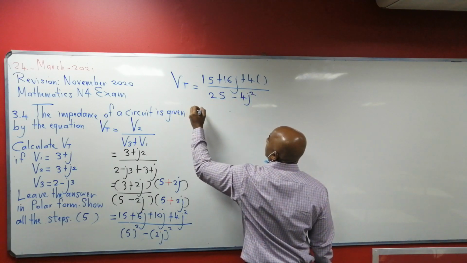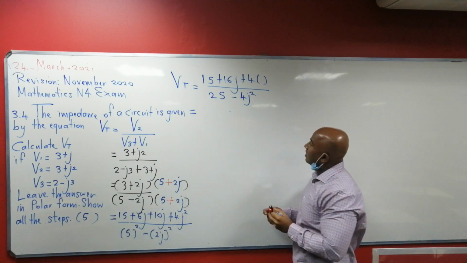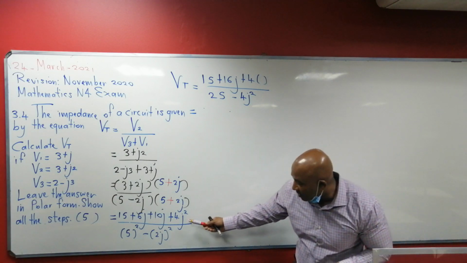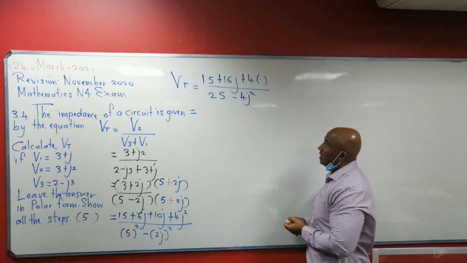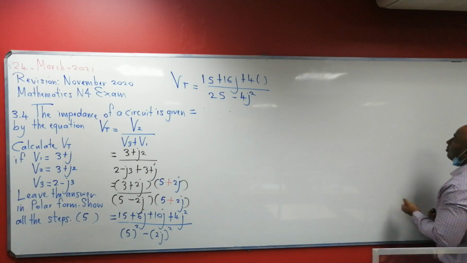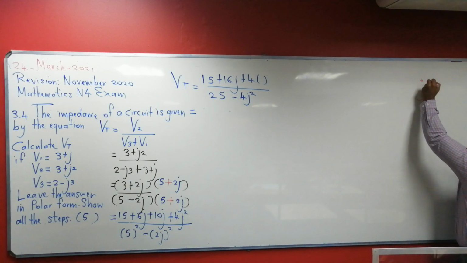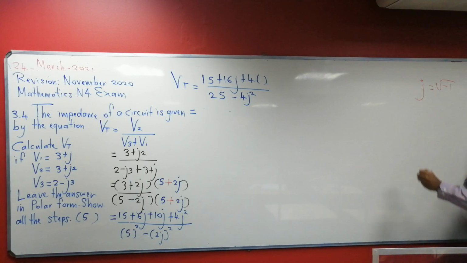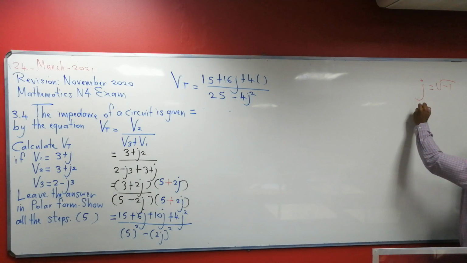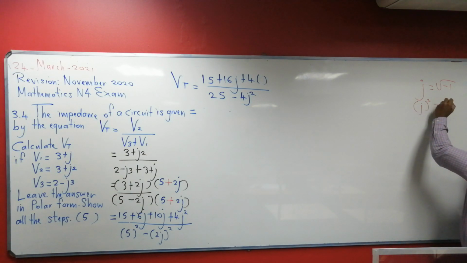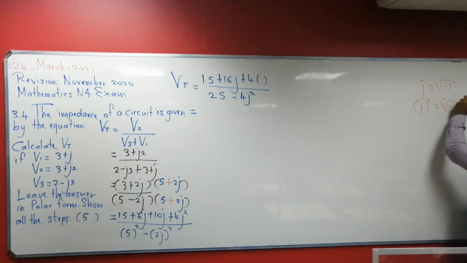Okay, so now remember here, j squared, there's my j squared. If you forgot your complex numbers, j is defined as the square root of -1. So therefore, if I square both sides, that's exponent laws.